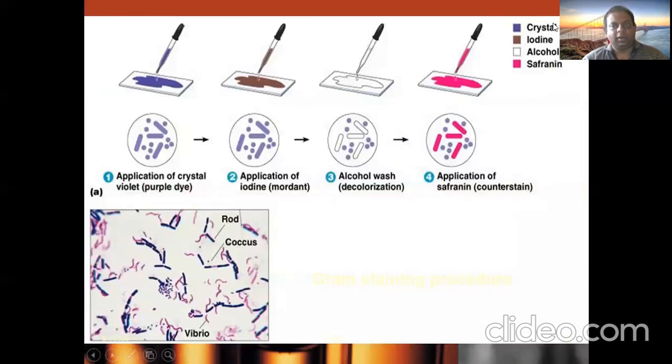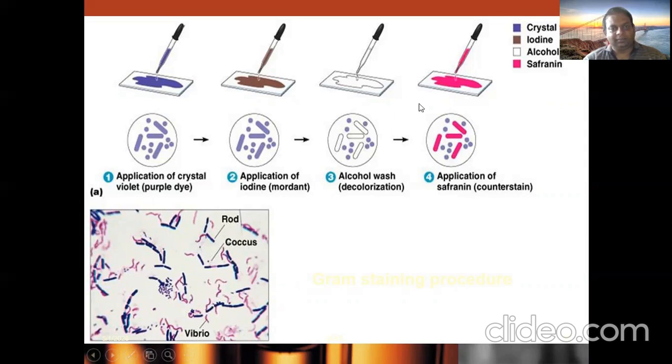So you have to know the primary steps: ammonium crystal violet, what is its function or action, the color, then Lugol's iodine, which I said is a mordant, what is its action, then the use of alcohol as a decolorizing agent.